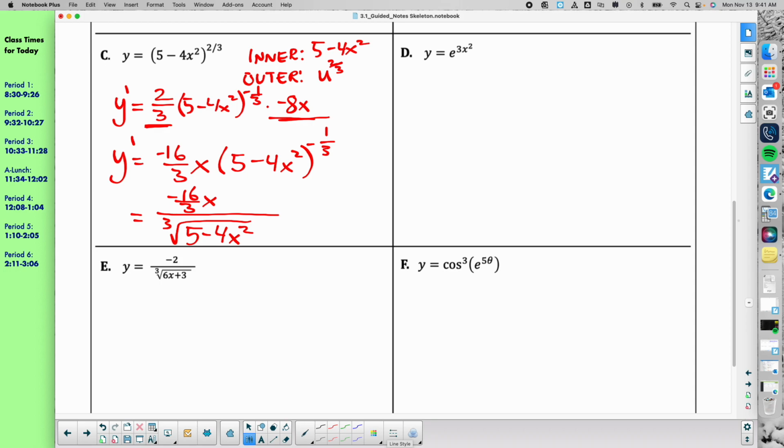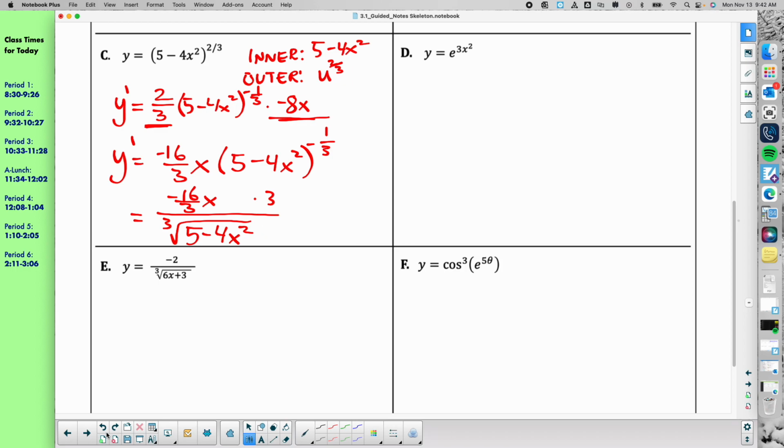Does everybody know how to work that? The 3 goes down to the bottom. There are two ways to think about it. One, you multiply top and bottom both by 3, and that cancels the thirds.